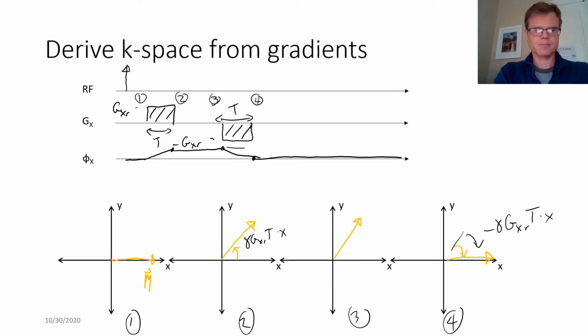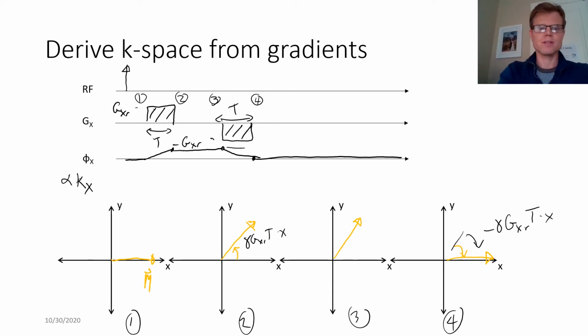So actually this phi x here, this is the picture drawn before in the phase encoding examples in particular. This term we can actually replace, and this is proportional to our k-space value in x.